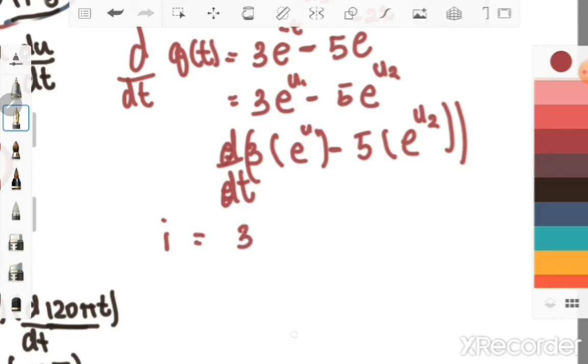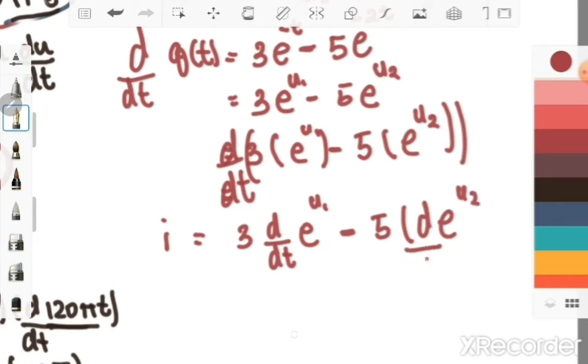Pwede natin i-factor out yan. That is a law of your derivatives. d/dt of 3e^(u1) minus 5 times the derivative of e^(u2) all over dt. Alright?